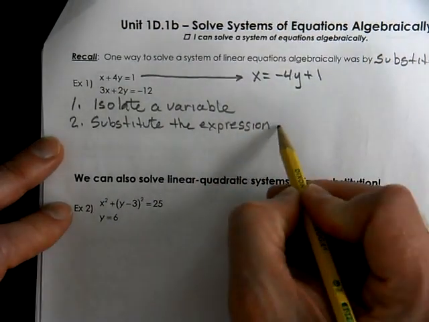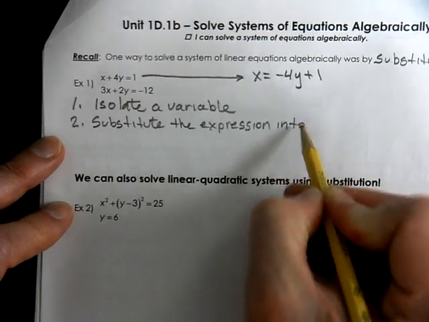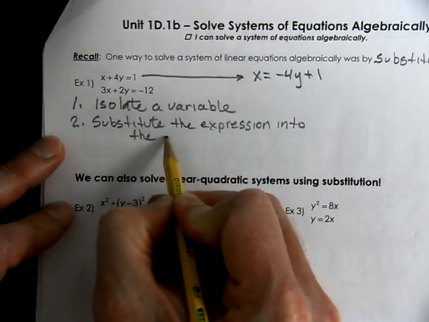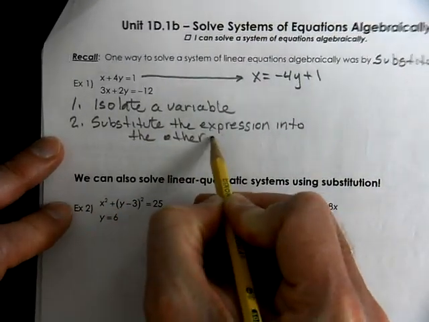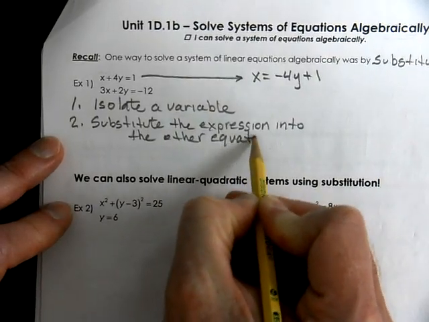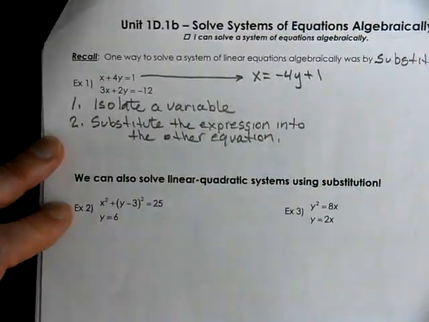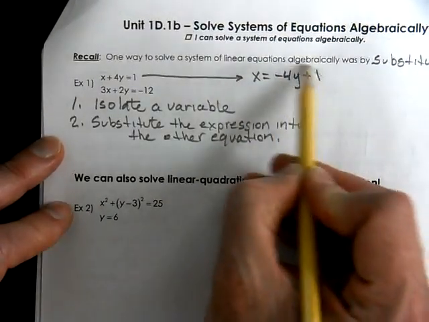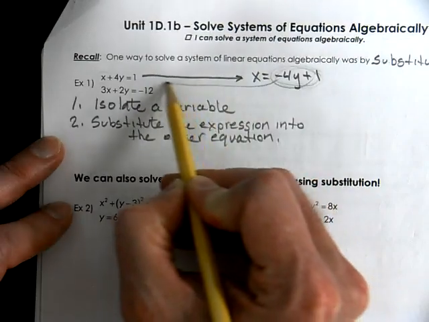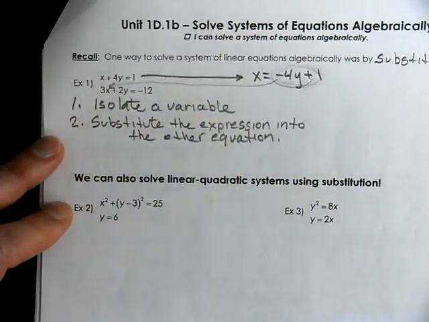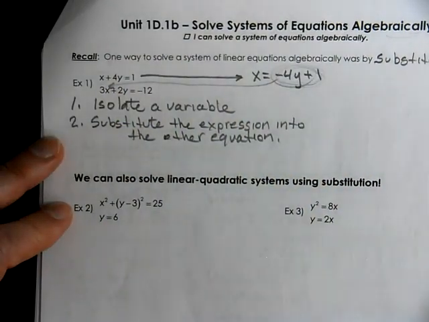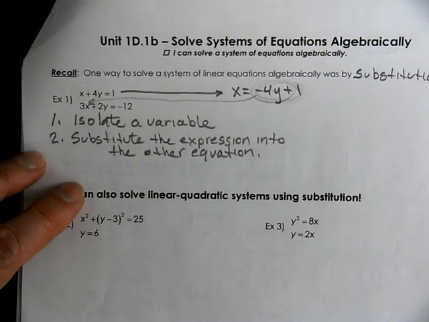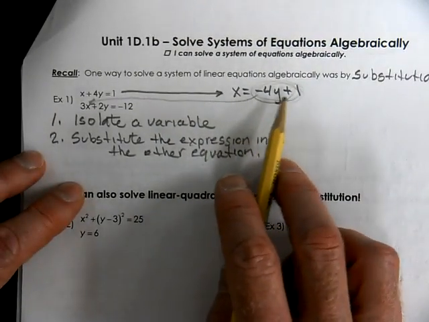Substitute the expression into the other equation. So we're going to plug this expression in for the x, because that's what x stands for. In terms of y, x is negative 4y plus 1.